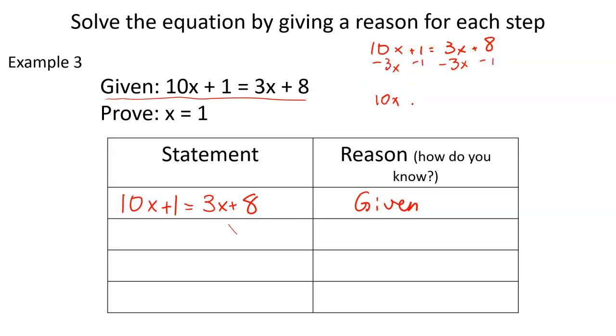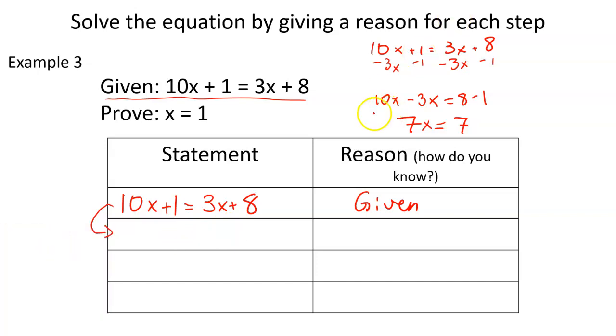That's 10x minus 3x is equal to 8 minus 1. Okay? And then this simplifies down to 7x, because 10x minus 3x is 7x, and 7. So our next statement, and we're kind of skipping a few steps here, but the next statement would be 7x equals 7. If we added, actually wait, no. We need to go backwards. Disregard what I just told you.